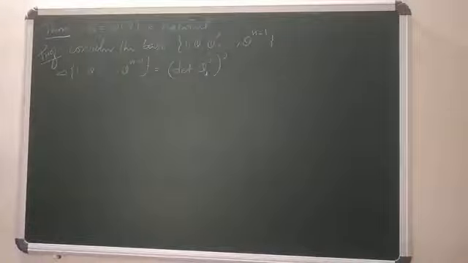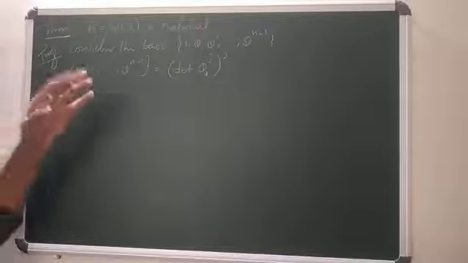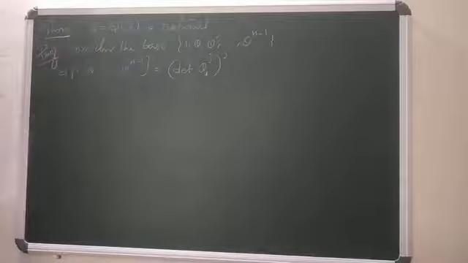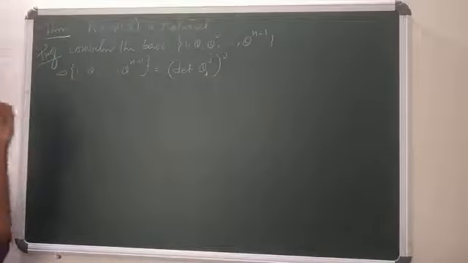The definition: let K equals Q(theta) be of degree n, and alpha 1, alpha 2, up to alpha n be its basis.